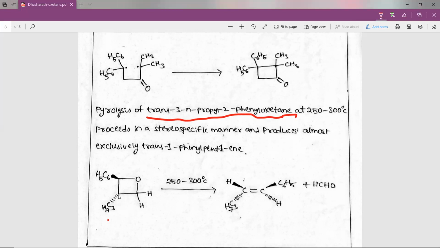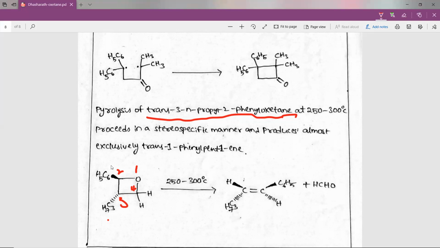This is the third position, and this is the fourth position. So this is a trans compound. These two groups are trans to each other.